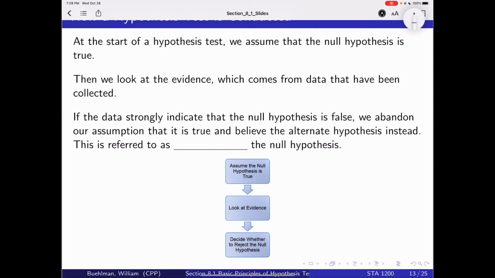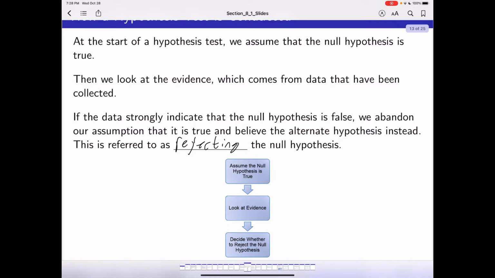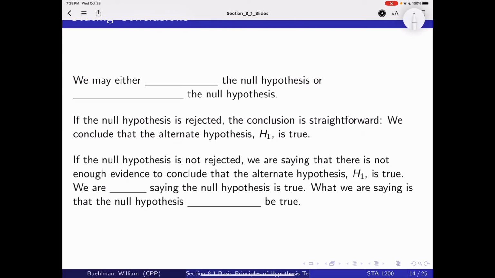This is referred to as rejecting the null hypothesis. So here's a little diagram. Assume the null hypothesis is true, look at the evidence, decide whether or not to reject the null hypothesis. We may either reject the null hypothesis or fail to reject the null hypothesis.